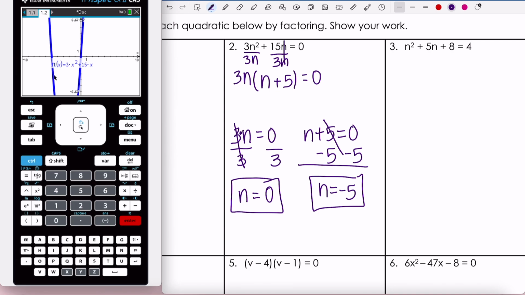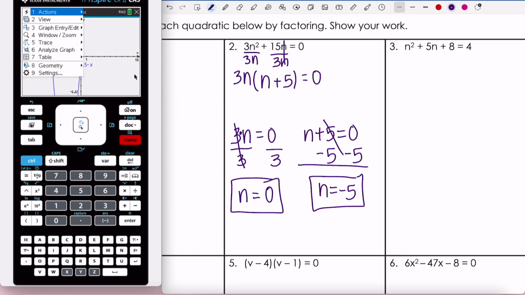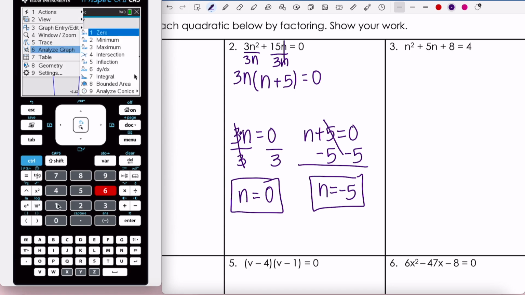Now when we press enter, I again want to see where my graph is crossing over the x-axis. Because remember, what I'm solving for are my zeros, my x-intercepts. So to check for my x-intercepts, I'm going to press menu 6, 1.